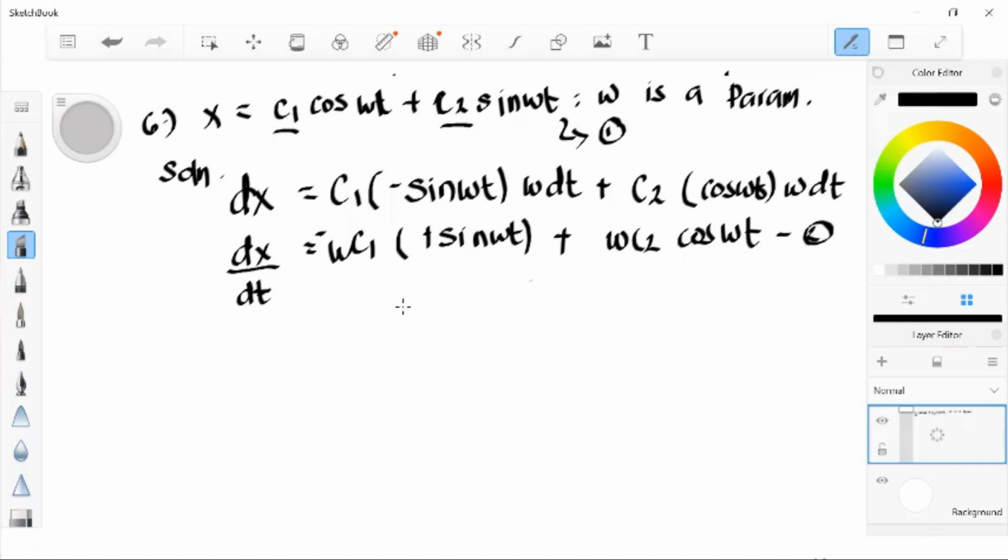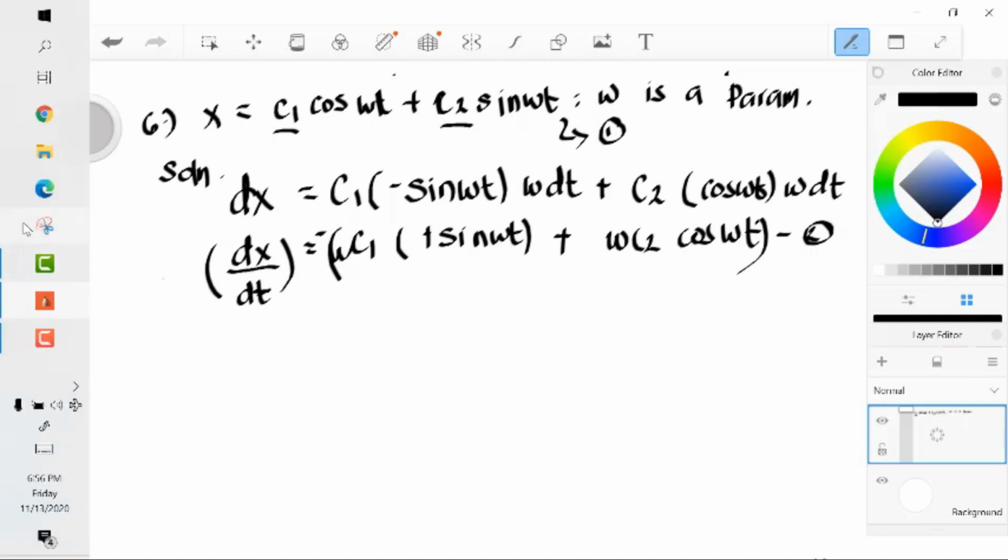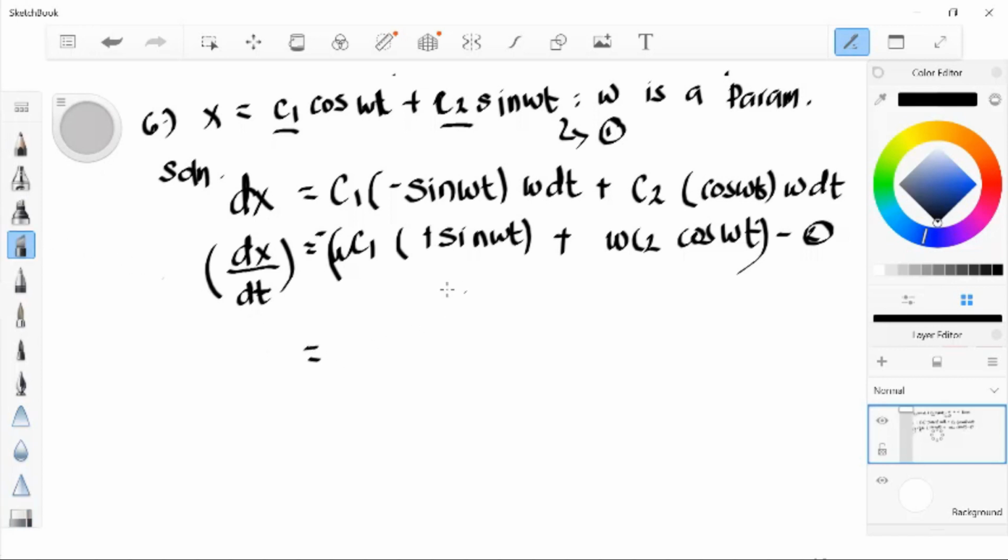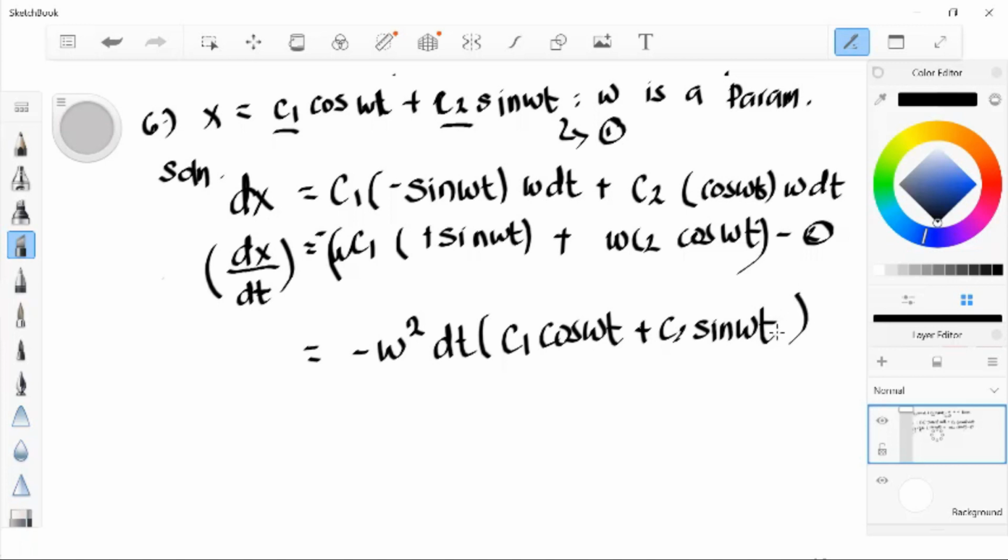This is our second equation. We differentiate it again. The derivative of this would become negative w squared dt times the quantity c1 cosine of wt plus c2 sine of wt, and this is d over dx dt, because that is the second derivative.